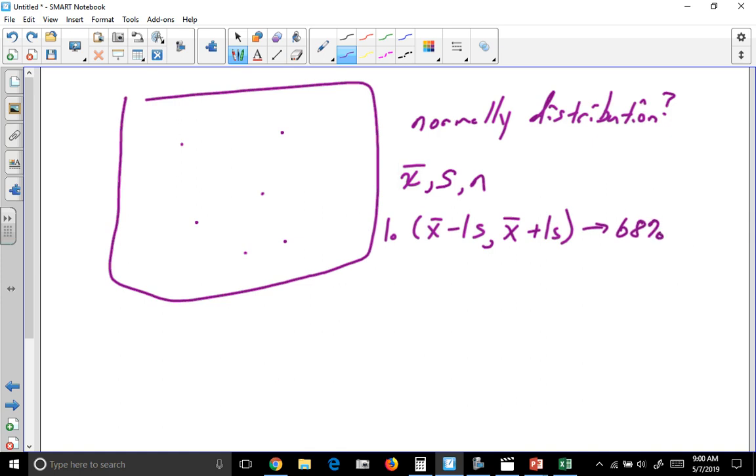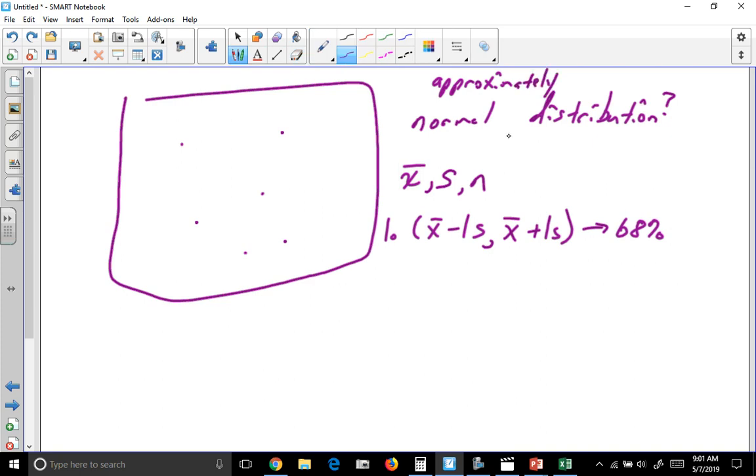Now, if we only have 20 or 30 or 50 pieces of data, we're not going to get exactly 68% in that window. So often we're going to check to see, are we approximately a normal distribution?